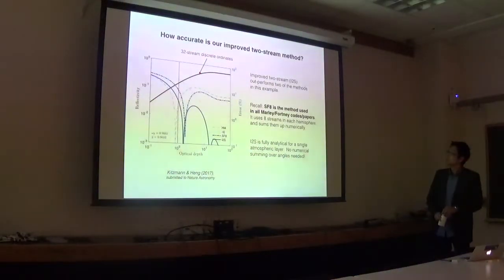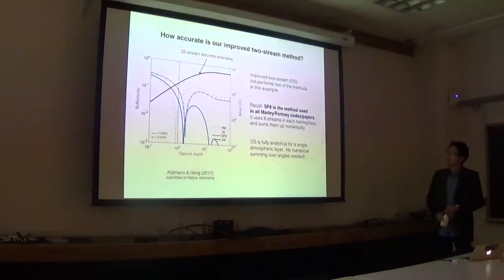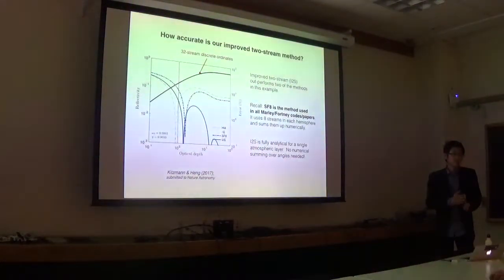Yeah, SF8, or that dotted line, that delta E that you were showing. So the delta E is just a trick to keep more than one term and approximate the strong forward scattering with a delta function. That's all it's doing, right? The SF8 is 8 streams in each hemisphere, so 16. That's the notation they used.